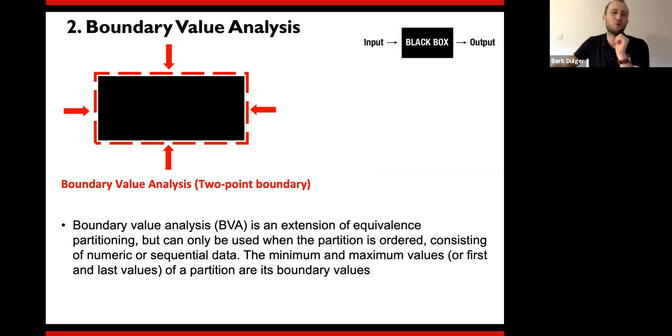There won't be so much problem in the middle of the partition. It will be the boundaries that will be most problematic. So it can be considered an extension of the equivalence partitioning test design technique.